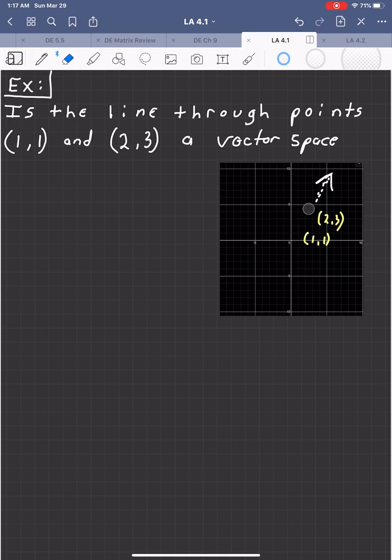I'm going to erase this line and simply go back to my points. So 1, 1, and 2, 3. All right, wow, that's interesting. So all you're given is 2 points, but you're asked about the line that goes through the 2 points. Is that line a vector space?